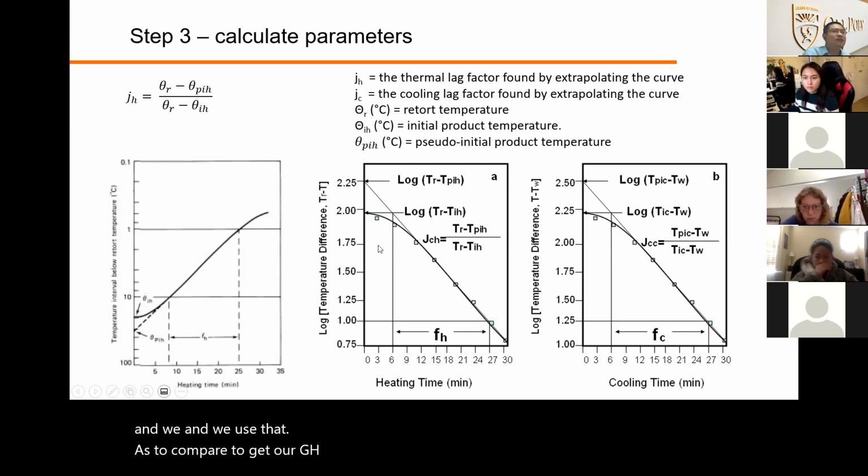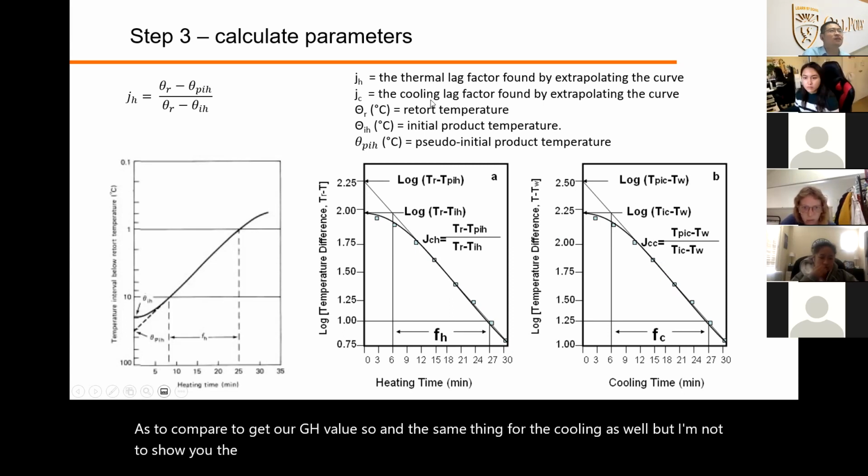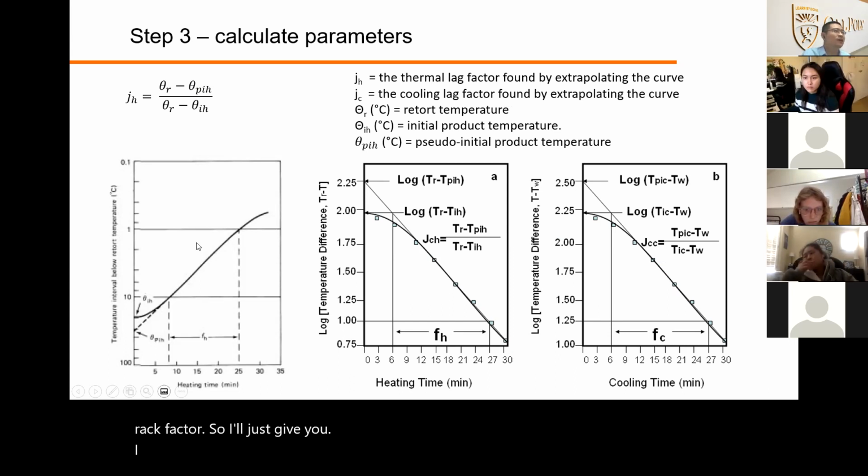The same thing applies to the cooling as well, but I'm not going to show you the cooling here because our data is not very good for calculating the cooling lag factor. So I'll just assign the number for your further calculation.